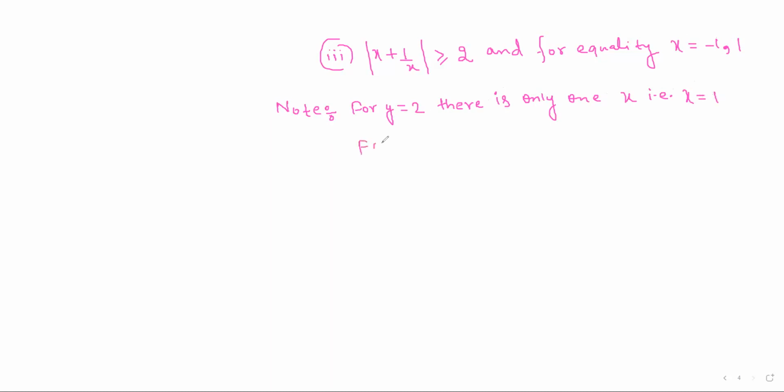For y is equal to minus 2, there is only one x, that is x equal to minus 1.